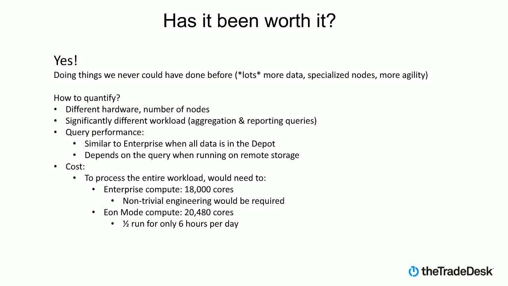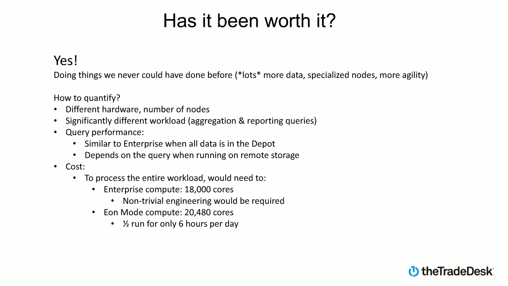Now for Eon, to run the entire workload, I estimate we'd need about 20,480 CPU cores. So more CPU cores than enterprise. However, approximately 10,000 of those CPU cores would only run for about 6 hours per day.